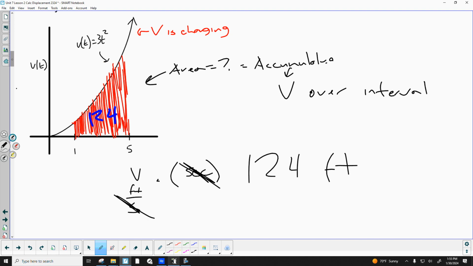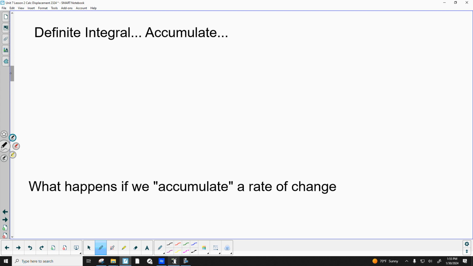Guys, this brings up something very, very important. Accumulating derivatives. If you accumulate a derivative, what do you get?